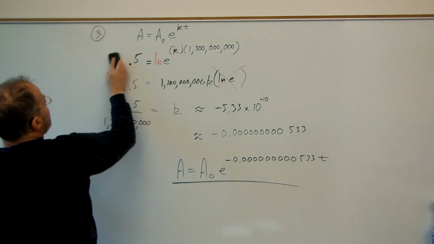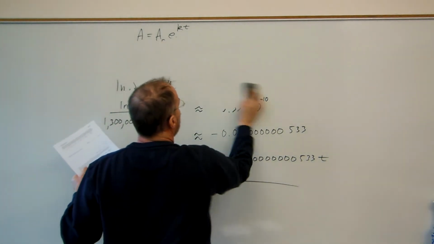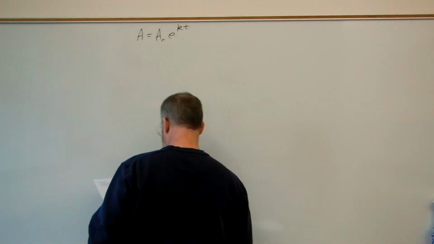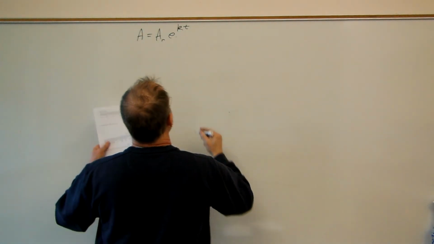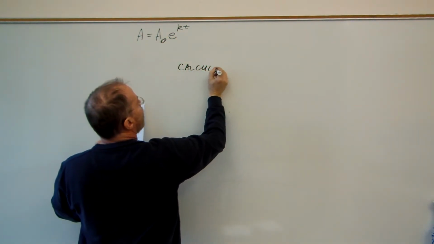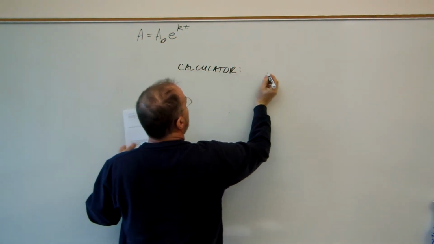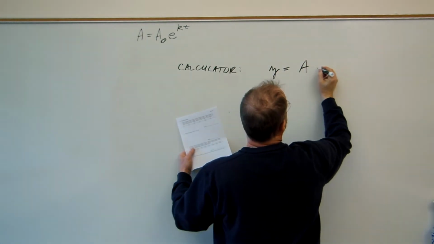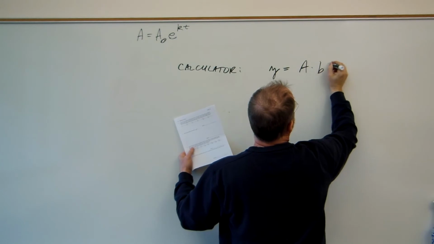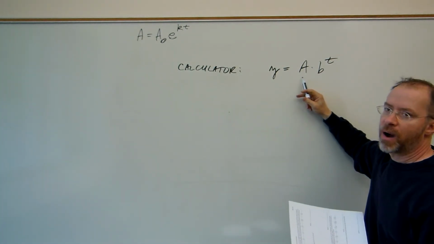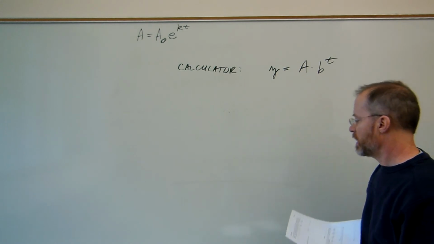And then part 2 says rewrite this model in the form we've been working with. So let me keep the model up here and just clue you in about that step. The calculator will give you a model that's kind of in this form, where this is still the initial amount, but it'll give you a base here other than e.